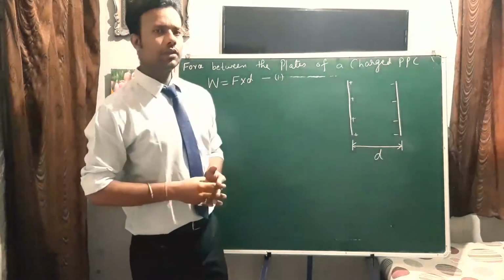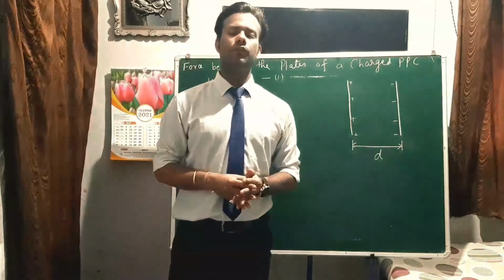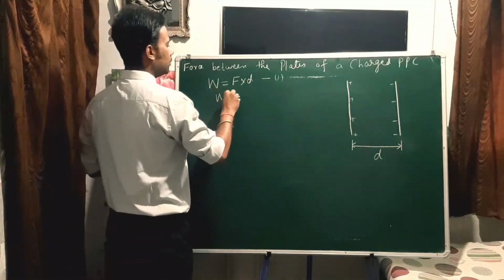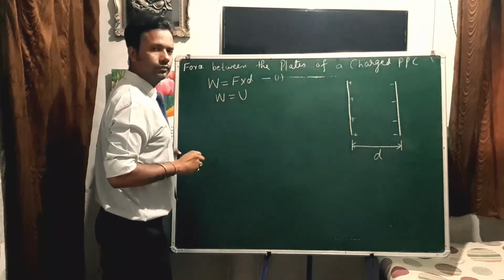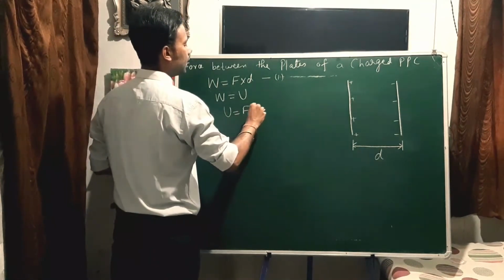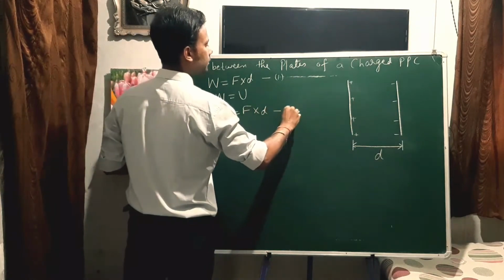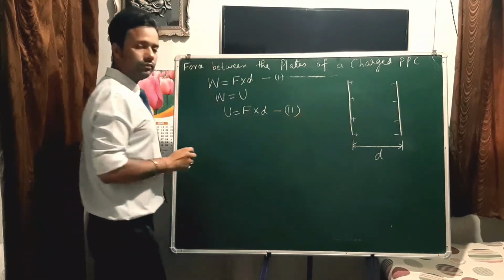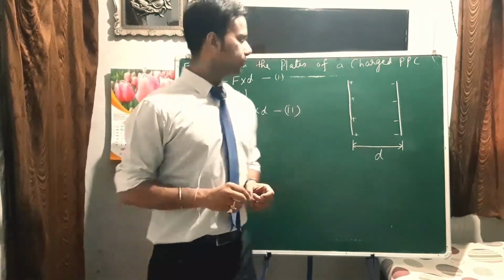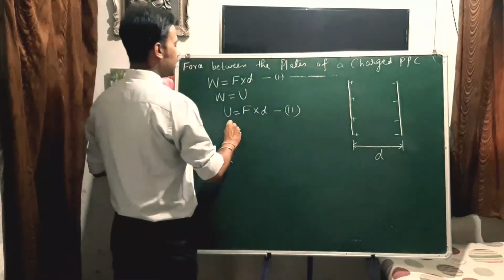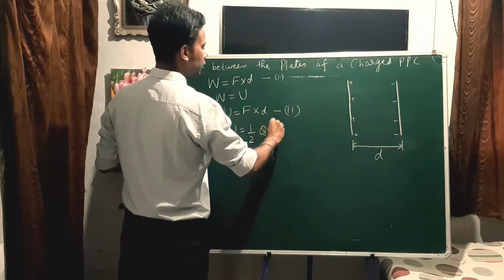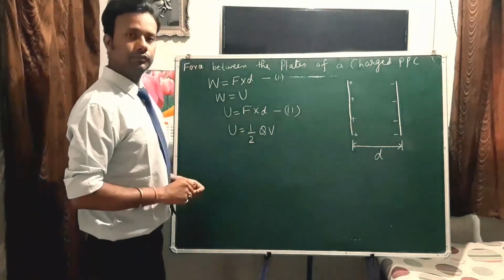Now, this work will be stored in the form of potential energy. That means W will equal U, right? So U will be F into D. We have already calculated the value of U, so U can be written as half Q into V, right?